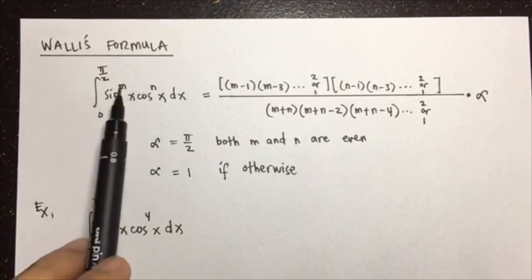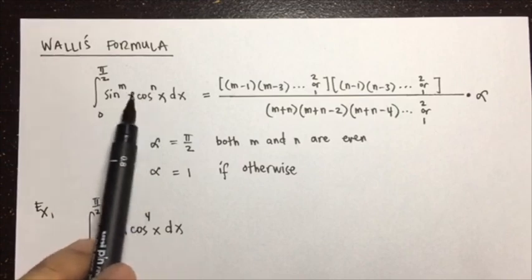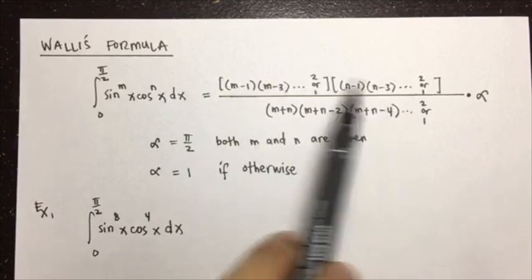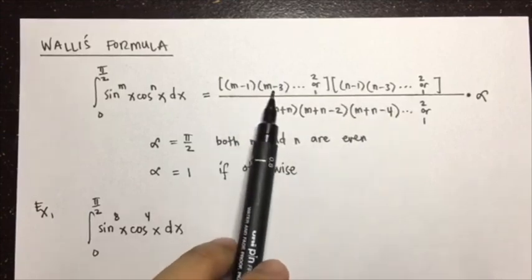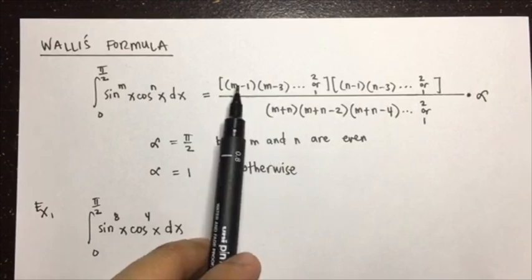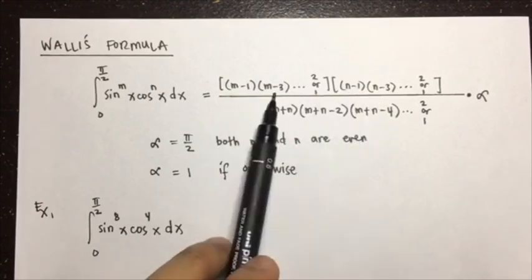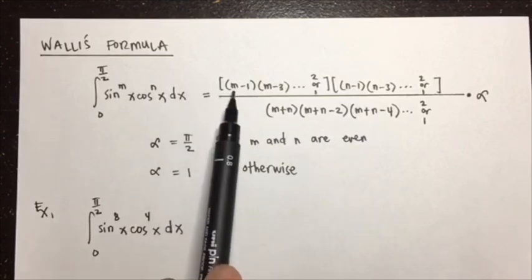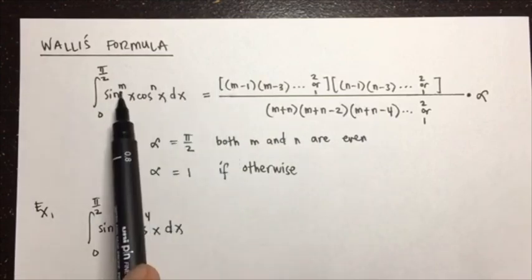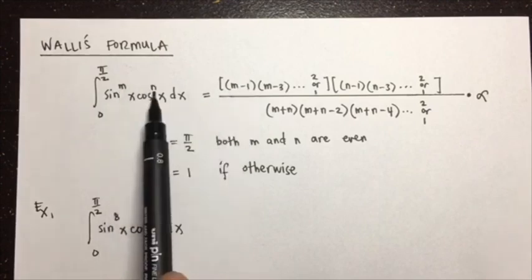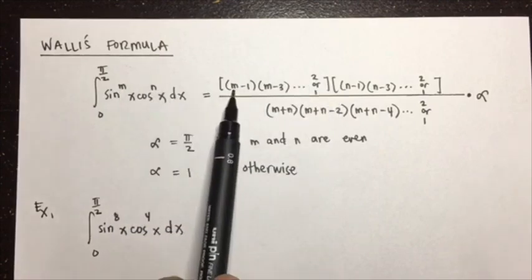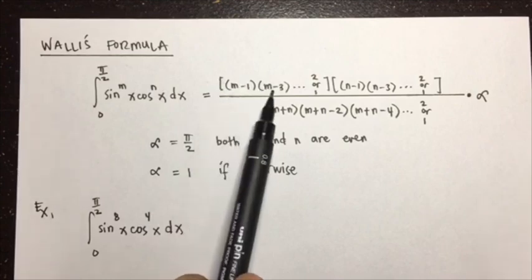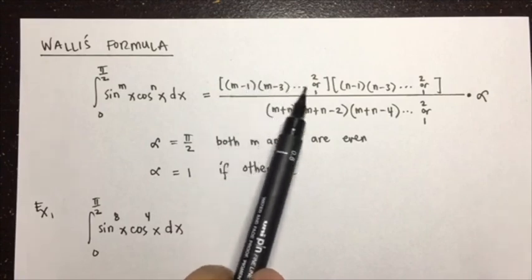Here we have m and n as our exponents. In Wallis formula, all we need to do is multiply a series of integers, where m is the exponent of sine and n is the exponent of cosine. We start by multiplying m minus 1 by m minus 3, and continue that series.